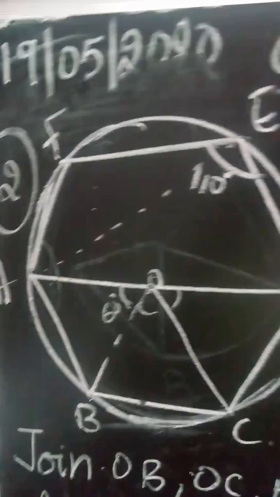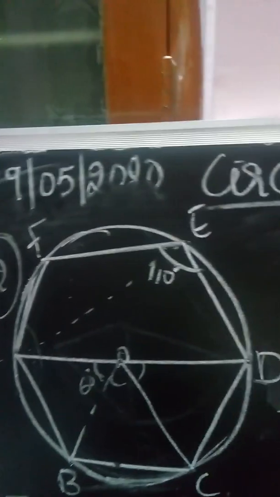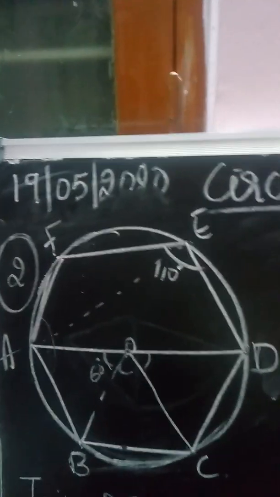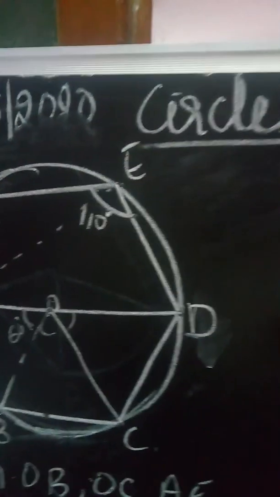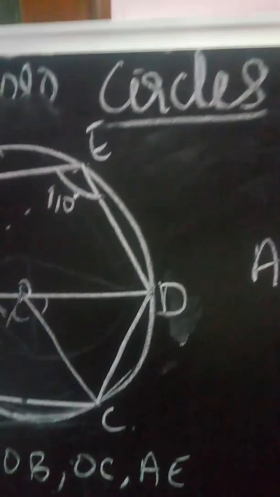Okay. Now, let's take the upper part of the diameter. Now, in the cyclic quadrilateral ADEF, ADEF is a cyclic quadrilateral.